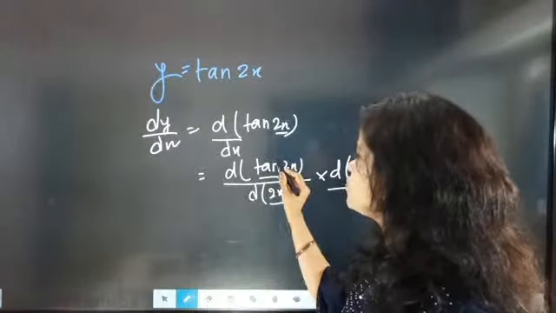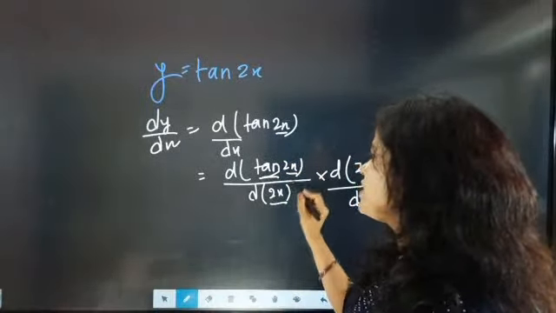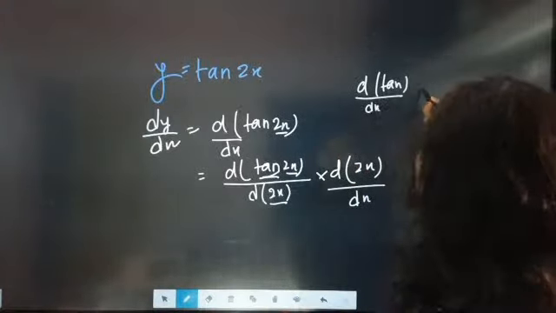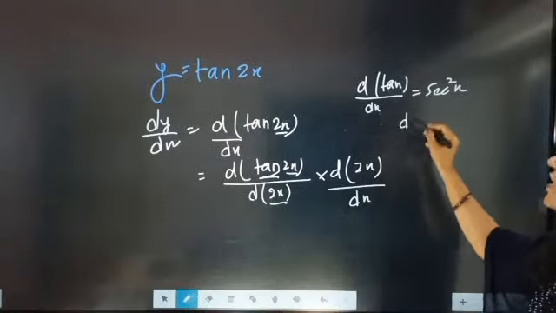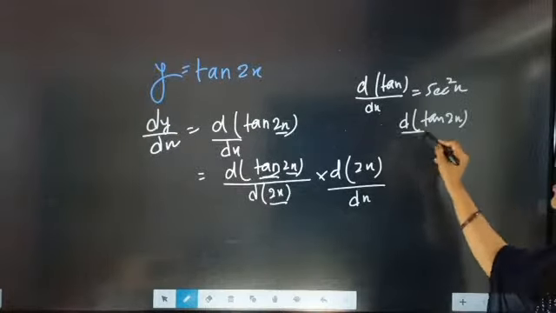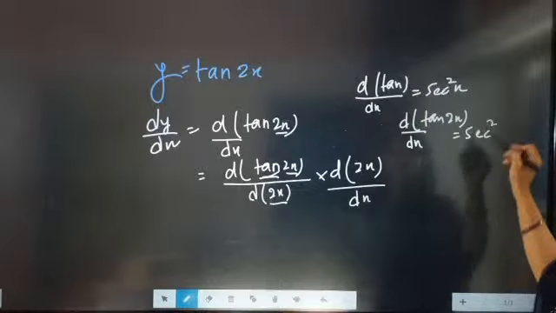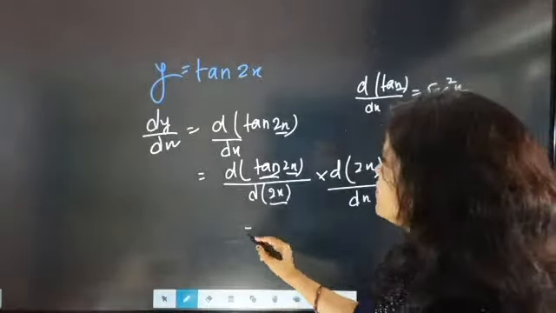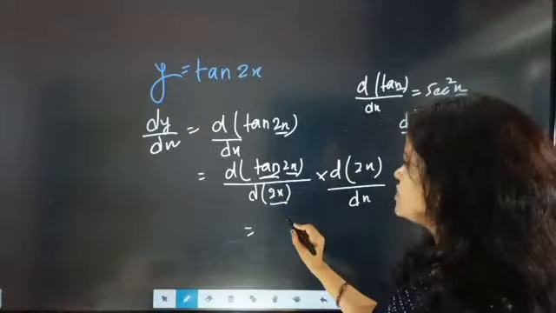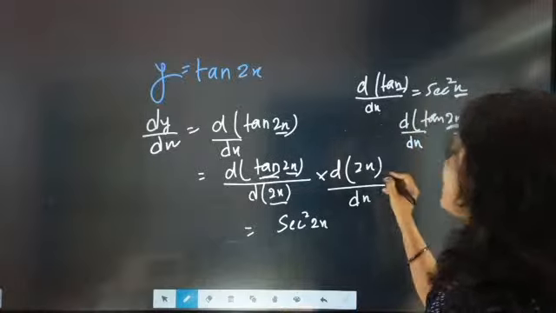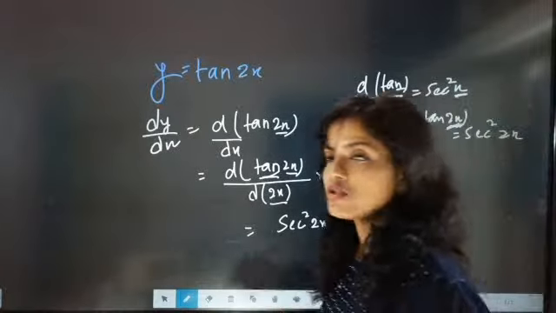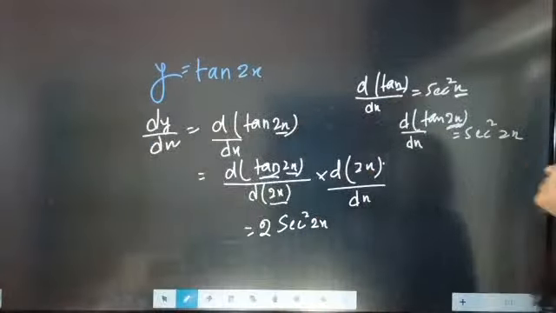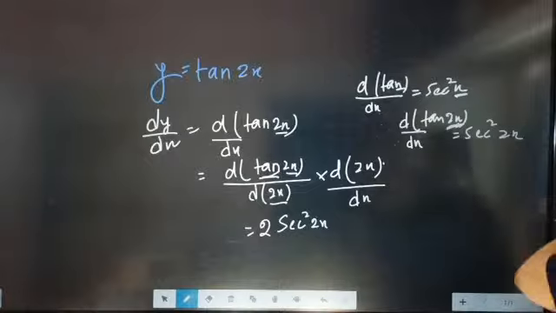When tan x is differentiated with respect to x, it comes as secant square x. So here it will become secant square 2x. And then differentiation of 2x, since 2 is a constant, 2 will come out, and differentiation of x will become 1. So 2 secant square 2x answer will come.